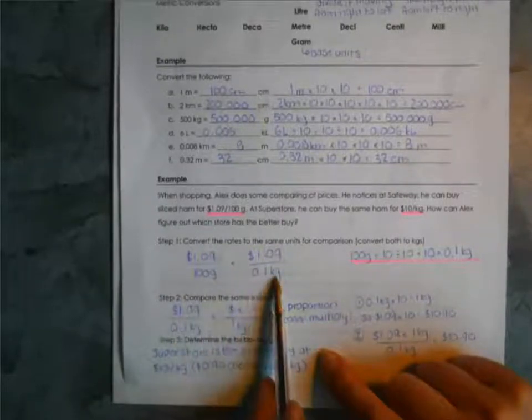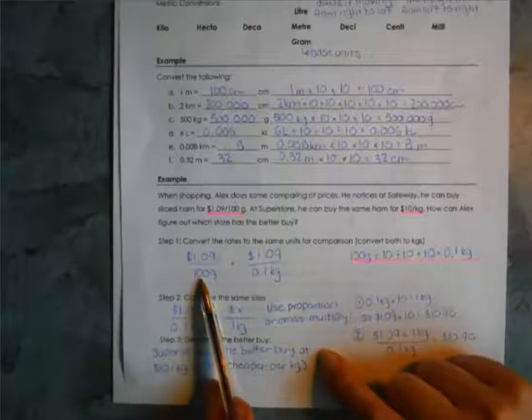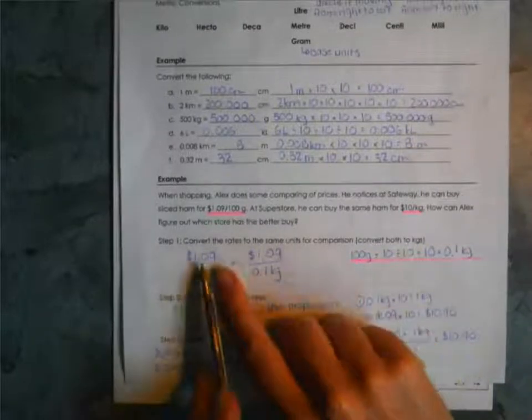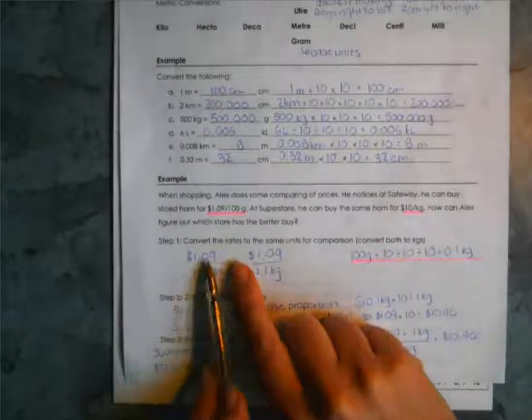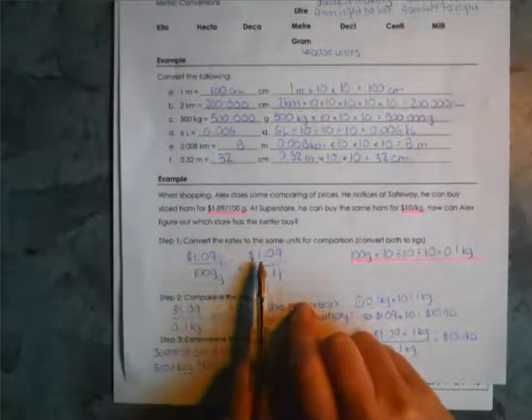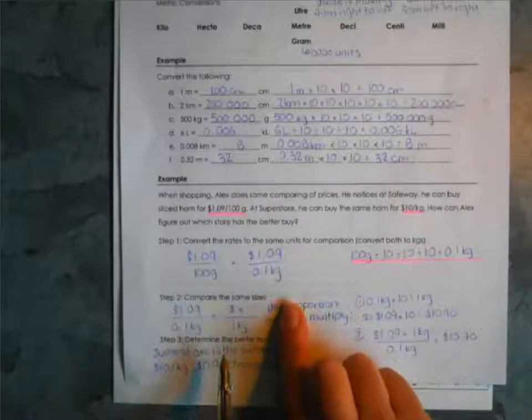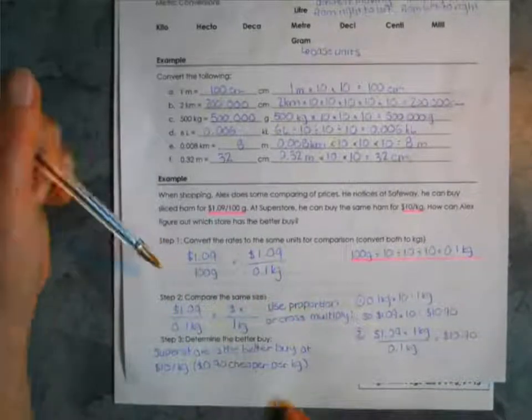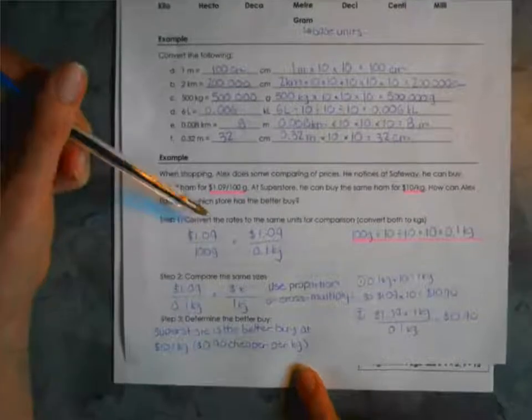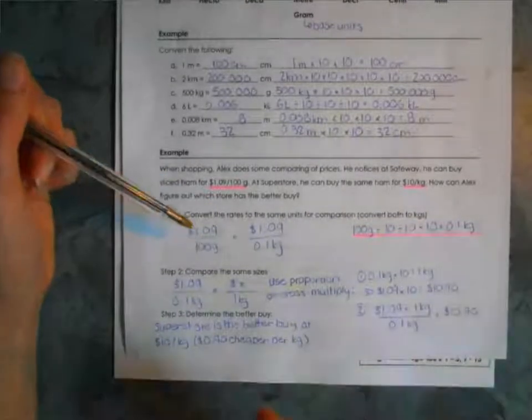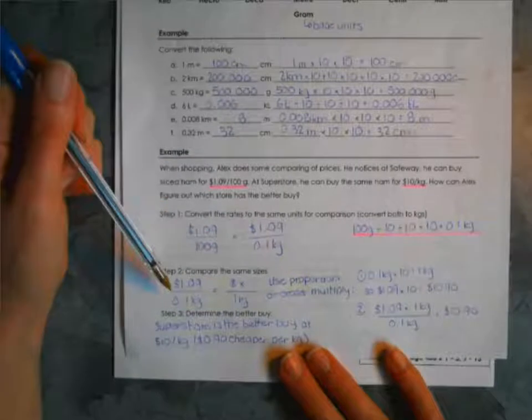So 0.1 kilograms is equal to 100 grams. And so we don't do the division of 10 3 times with the $1.09 because that would actually be changing the dollar value. Okay, and we'll see that when we move on to the next step here, how that would be different if you're actually changing the value.